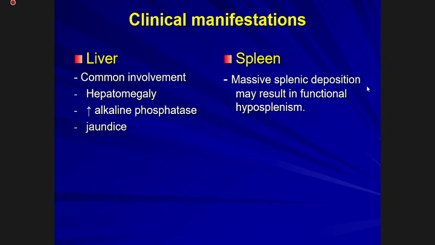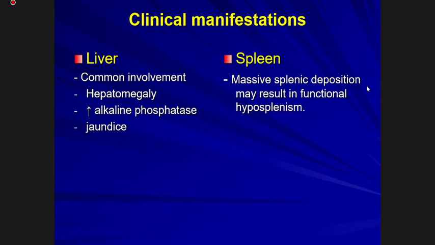Alkaline phosphatase, I think you've learned about this in biochemistry. Liver enzymes, remember biochemistry? Alkaline phosphatase is one of the enzymes excreted by the liver, of course, but also by other cells. But it is one of the indicators of an obstructive pattern of damage in the liver.